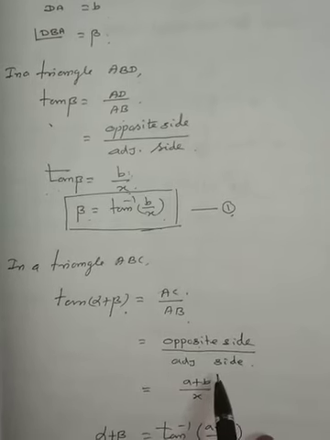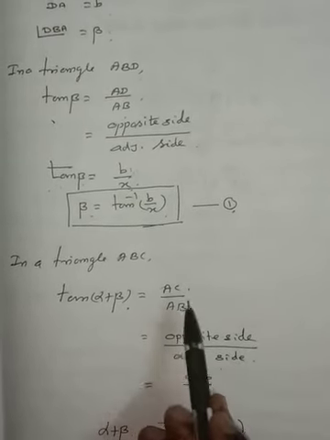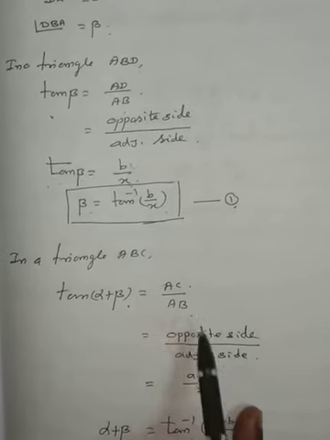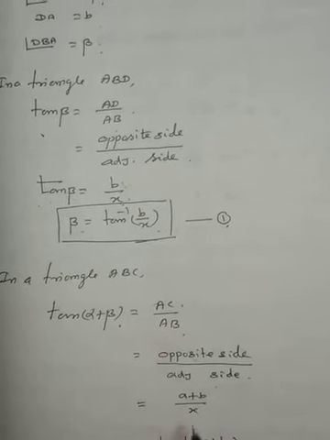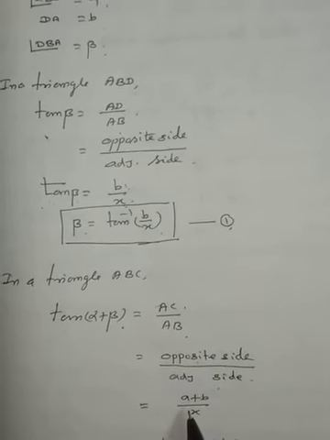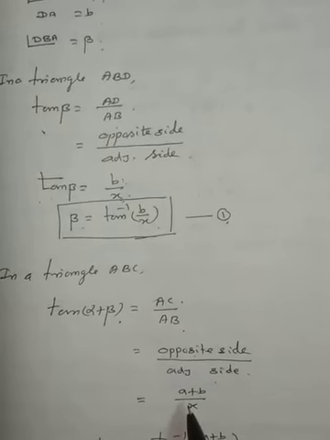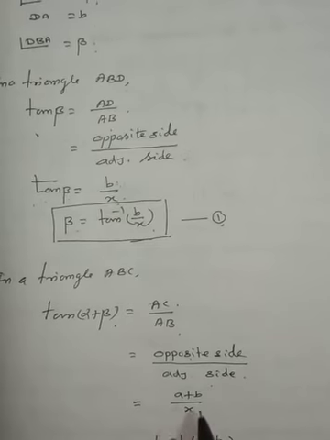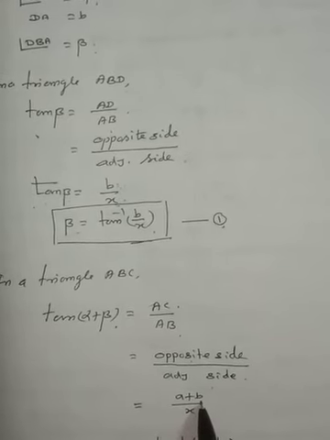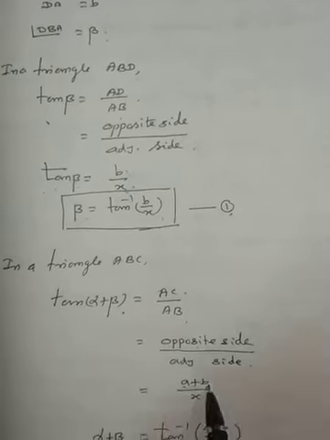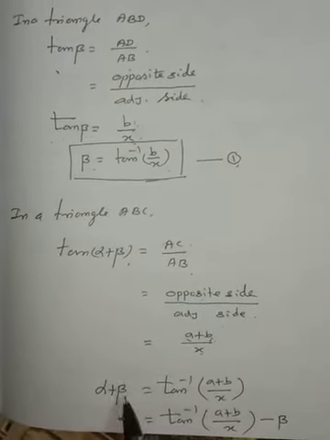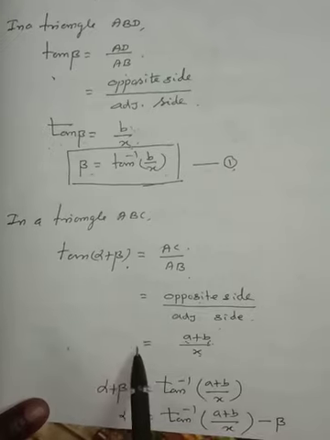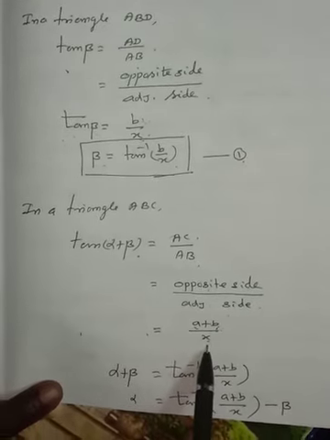The opposite side is in two parts: AD, which is b, and DC, which is a. So a plus b divided by x. Now tan of alpha plus beta is equal to a plus b divided by x.